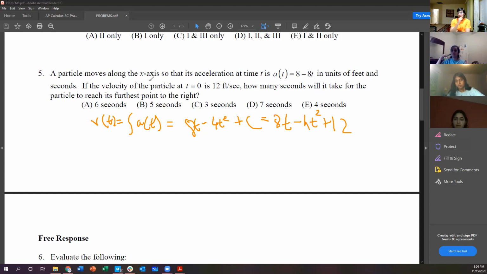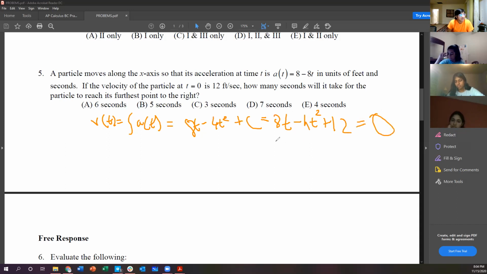Why is velocity 0? Because it could be undefined, or one of those undefined cases, but usually you won't have that. Because when x is at its maximum, that's when velocity will be equal to 0 because it's a turning point, right? Okay, so let's just go ahead and set this equal to 0.